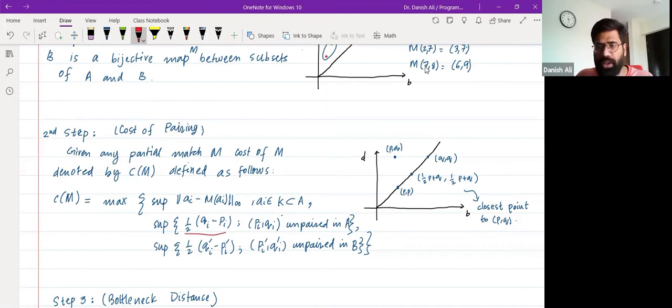So for any point (p,q) in the persistent diagram, the closest point on the diagonal is (half of p plus q, half of p plus q). So half of q minus p is actually the distance of any point (p,q) to its nearest point on the diagonal.